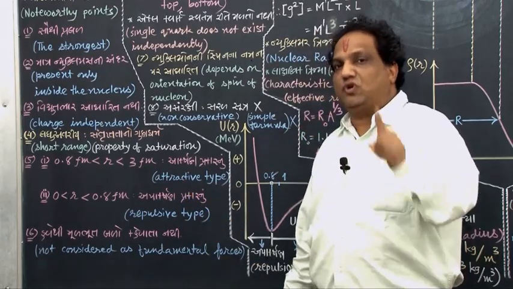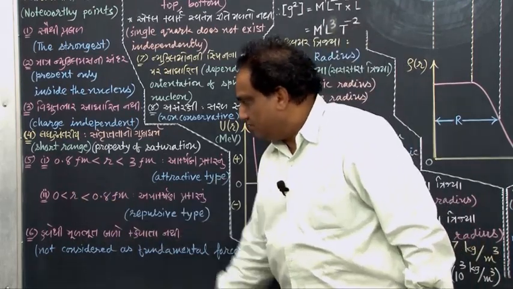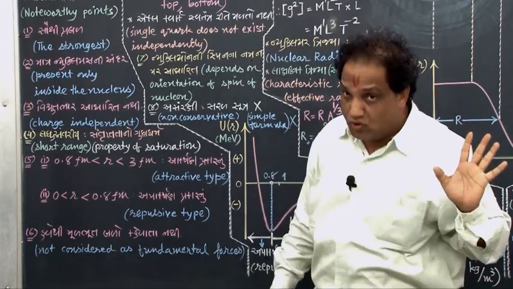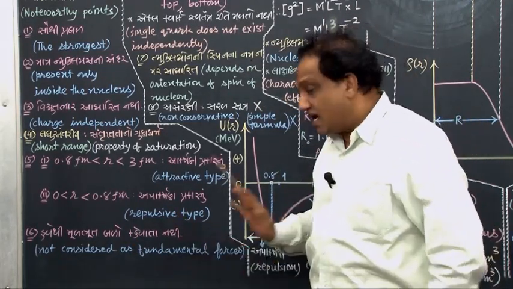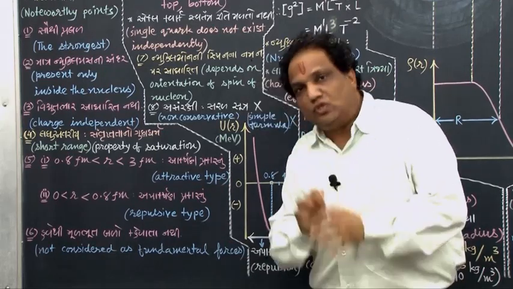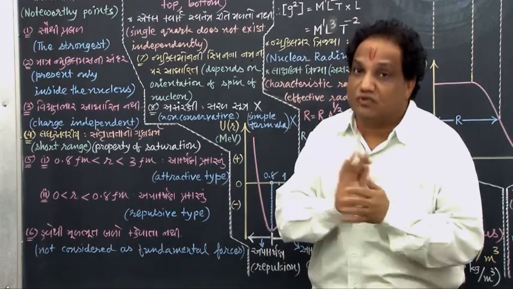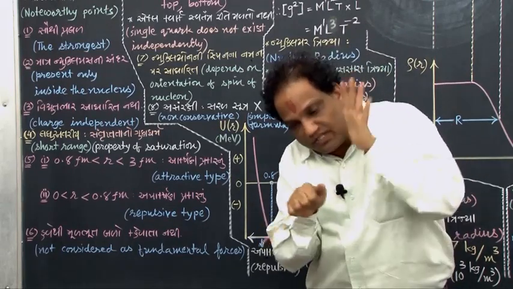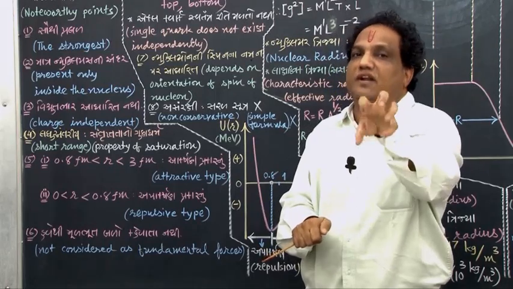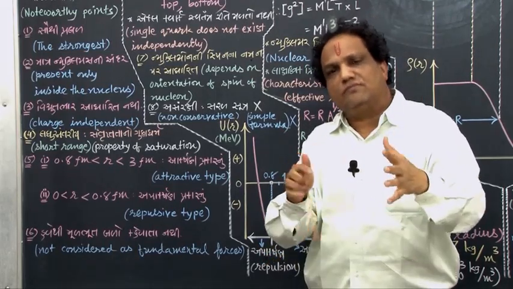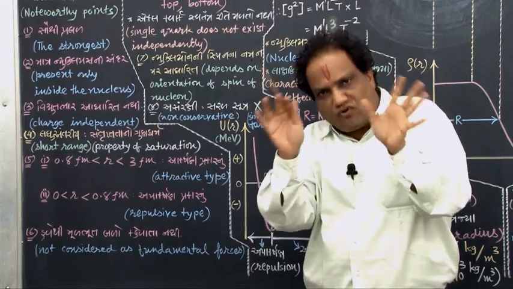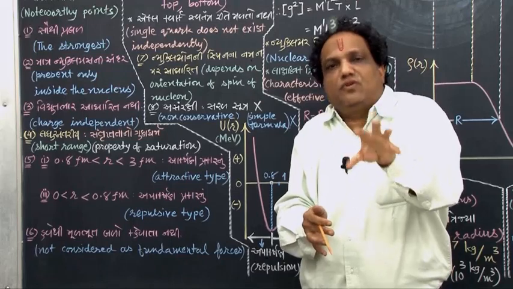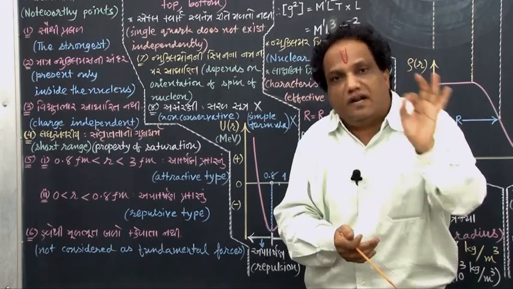And when the distance between two nucleons is greater than 0 but less than 0.8 Fermi, the nuclear forces are found to be repulsive. But though there are repulsive type and attractive type nuclear forces inside the nucleus, the resultant force is in the form of attraction. The overall effect is attraction only. That's why we say nuclear forces are mostly attractive.